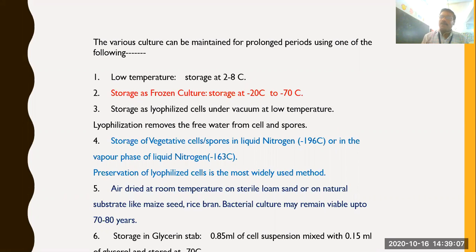The air dried method is very simple, done at room temperature in a sterile room. You take the culture, inoculate it on the surface, put it into the incubator, and for 1 month you do not look at the incubator. What happens at that time?